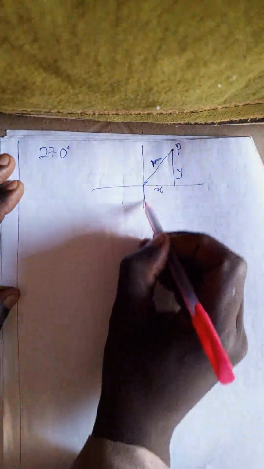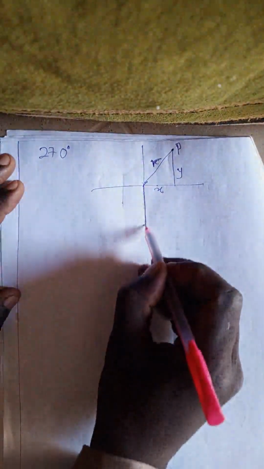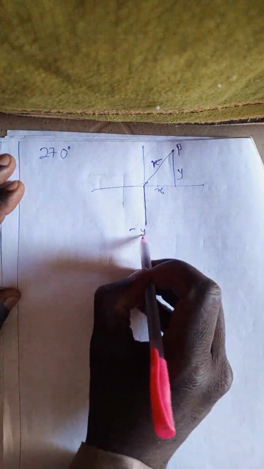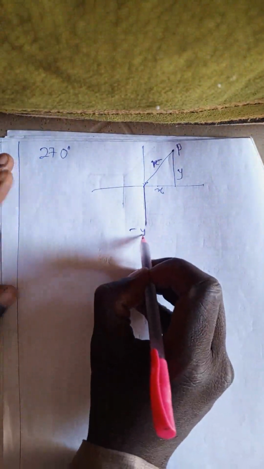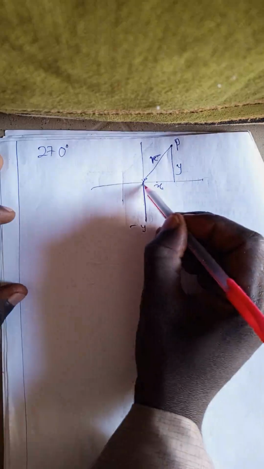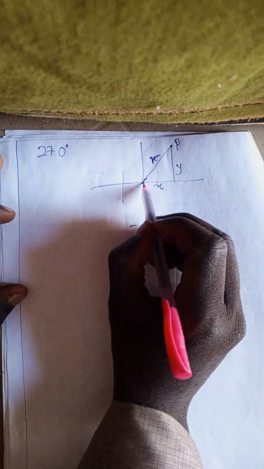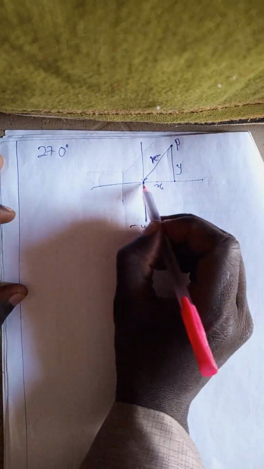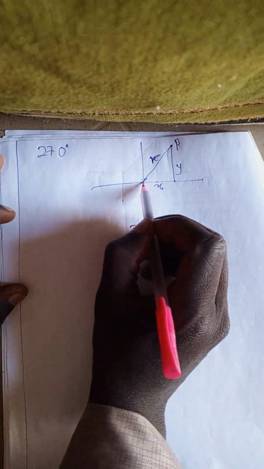But when we talk about 270 degrees, it lies exactly on this point, on the negative y-axis. And so, when it lies here, it means that this line matches the y-axis.